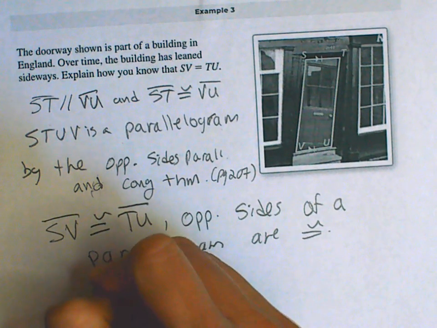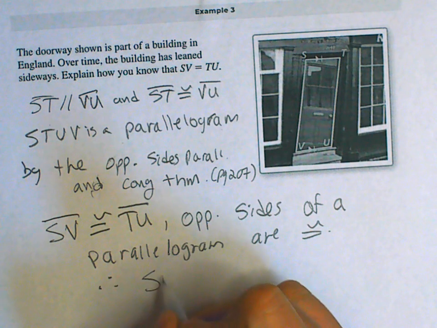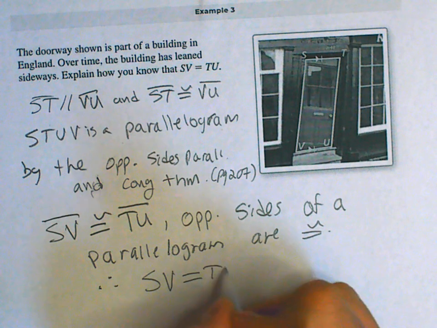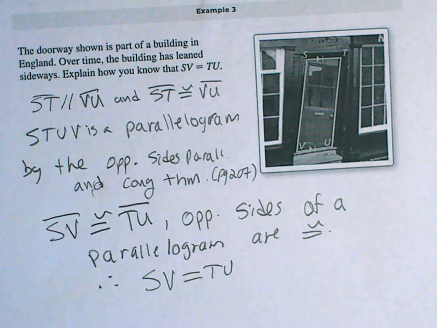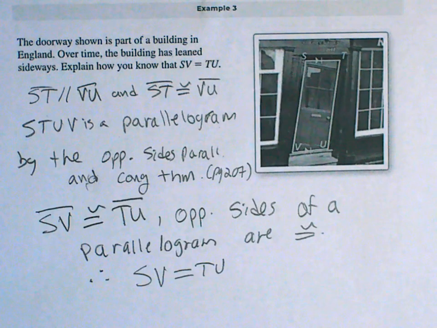Therefore, you may not know that, but that's a symbol for therefore. Use that a lot in college, by the way. Therefore, SV is going to equal TU. It means that their measurements are going to be the same. And that, ladies and gentlemen, is example number 3. Let's look at example number 4, and the last example for this video.